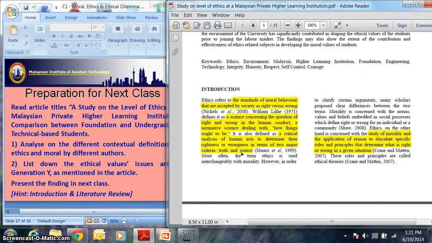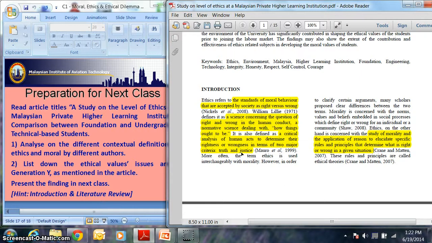Number two, William Lilly said that ethics is a science concerning the questions of right and wrong in human conduct, a normative science dealing with how things ought to be. So they said moral ethics is right versus wrong.